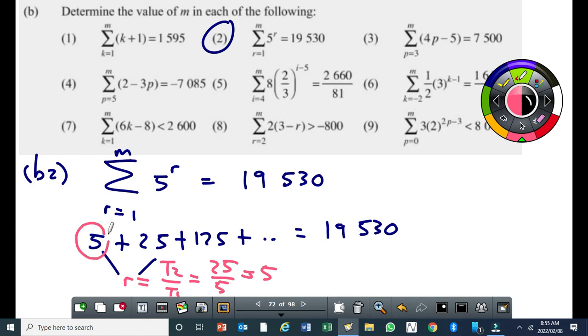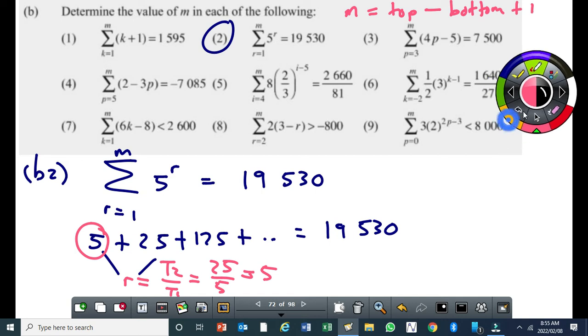This is our first term. Since r equal to 1 is my bottom and m is my top, the number of terms is the top minus the bottom plus 1, so the number of terms is going to be m.